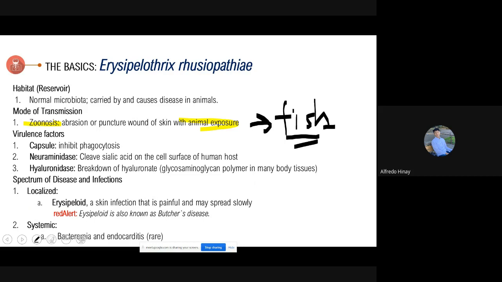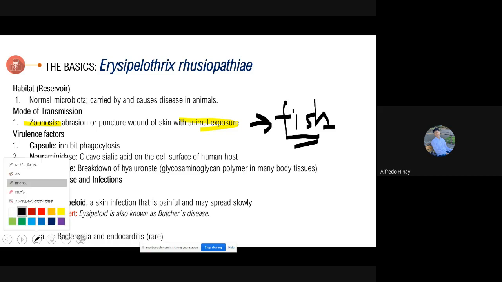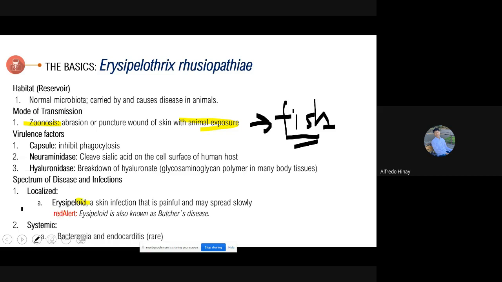Parang familiar, erysipeloid at saka erysipelas. Your erysipelas, ang causative agent natin, class, is Streptococcus pyogenes. Di ba? So, erysipeloid is kapareha which is your erysipelas.